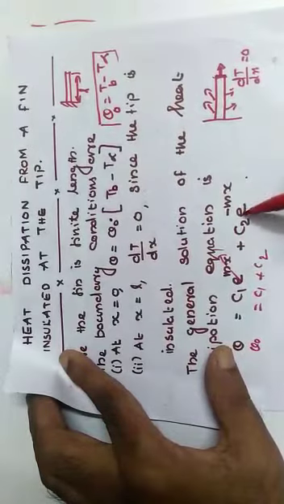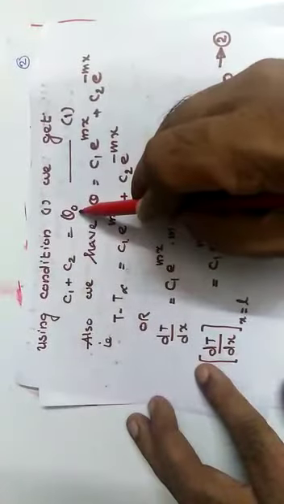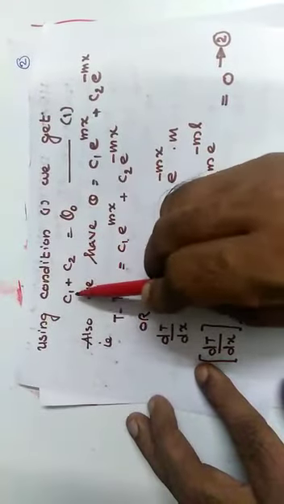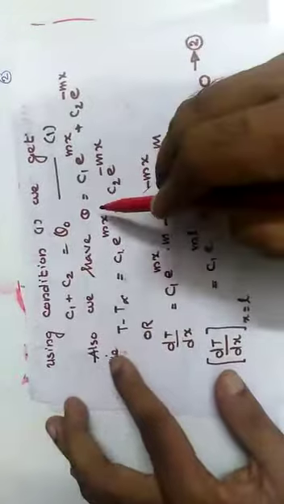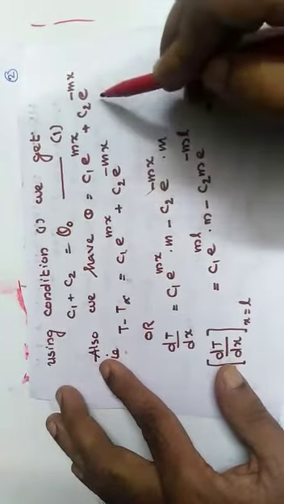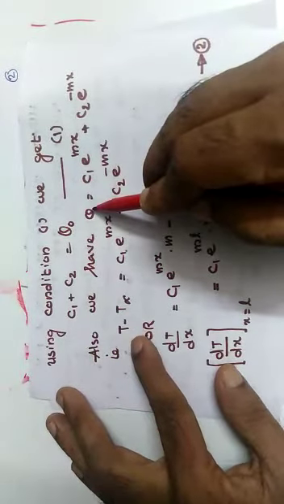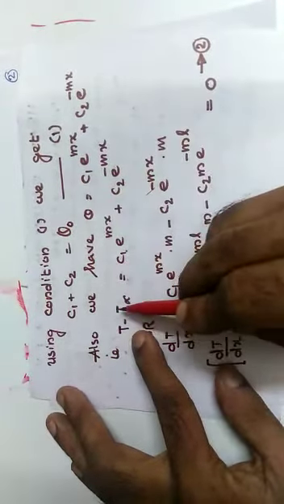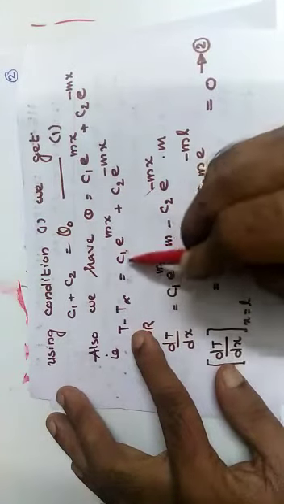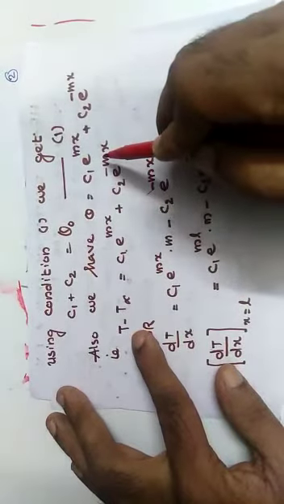So the first boundary condition gives theta 0 equal to C1 plus C2. Also we have theta equal to C1 into e to the power of mx plus C2 into e to the power of minus mx, where theta is T minus T infinity.